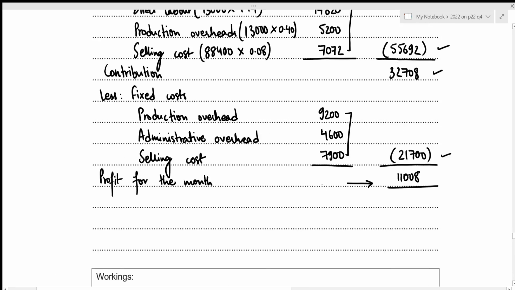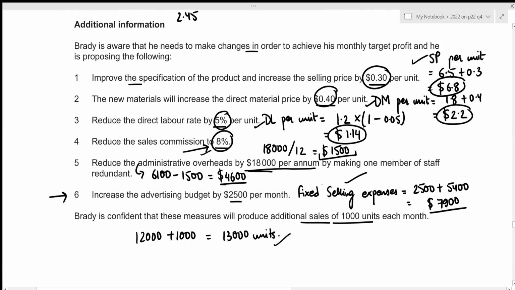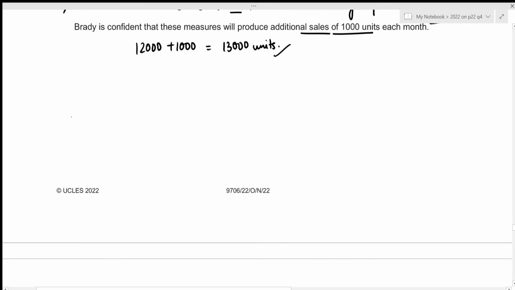Okay, then the next change that we made was to reduce the direct labor rate by 5% per unit, which means that the workers will now be getting a lower rate, which could result in a reduced production level as well as poor quality, right? Let's write it down.